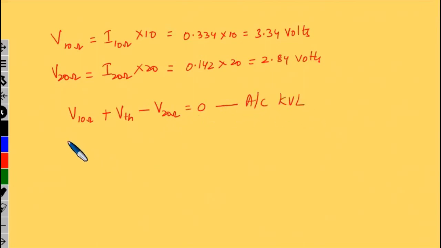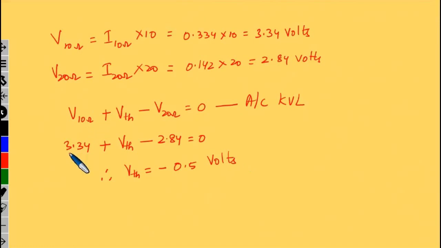So 3.34 plus V Thevenin minus 2.84 equals 0. Therefore, V Thevenin equals minus 0.5 volts.